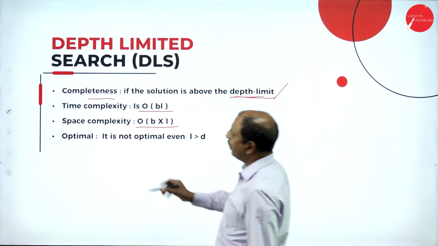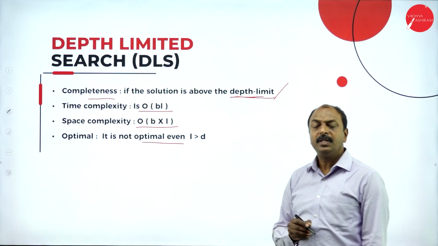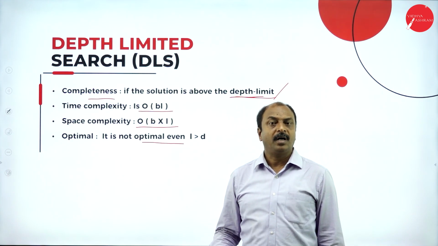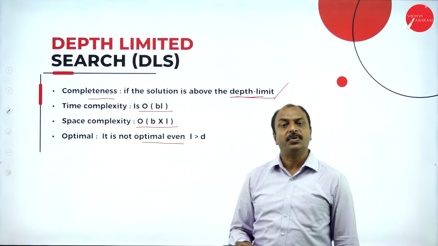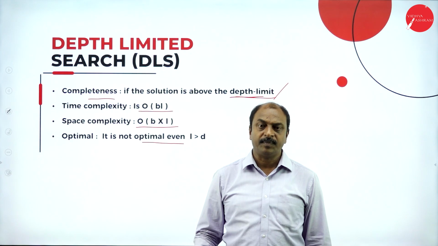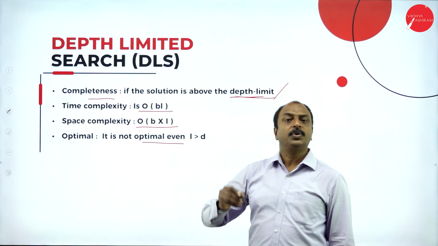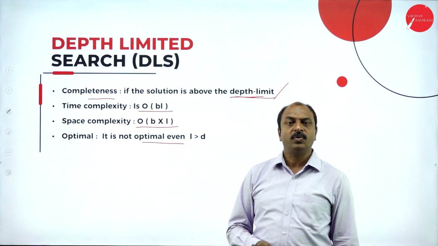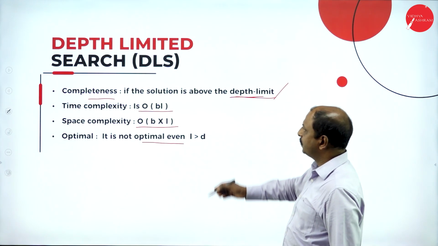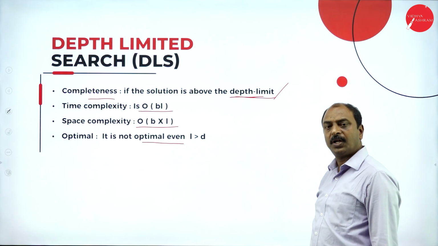With respect to optimality, it is not optimal. Why? Because if the goal is beyond the limit, or not reachable within the limit set in the algorithm, then it is incomplete, so it is not optimal. If it is able to find the goal within the set limit, then it is optimal. These are the properties of the depth limited search algorithm.